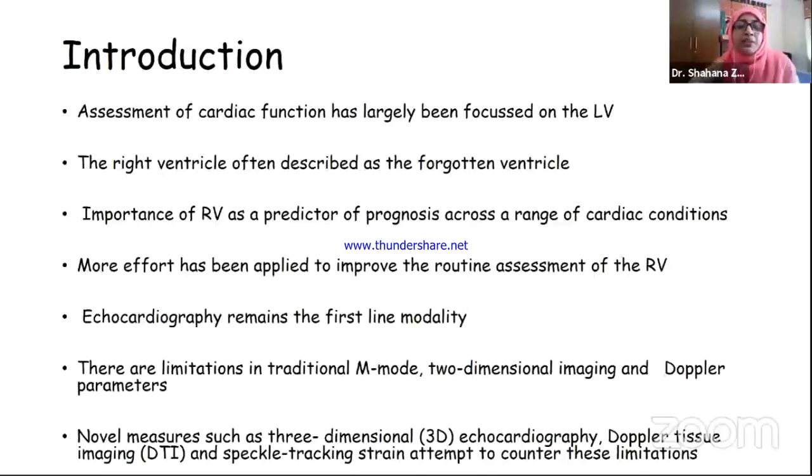Echocardiography remains the first line modality to assess right ventricular structure and function, but there are some limitations of traditional M-mode, two-dimensional and Doppler parameters. To overcome these limitations, newer novel measures like 3D, TDI, and strain rate have been established.